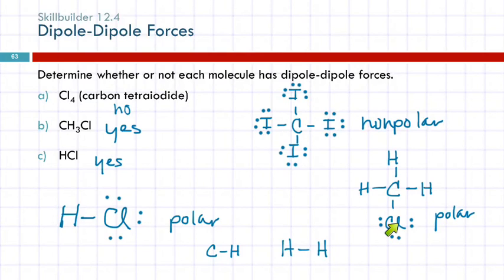Because the electronegativity of this is different than the hydrogens. It is more electronegative. This end is going to be negative. Simply because it's different is how I say it's polar. Okay.